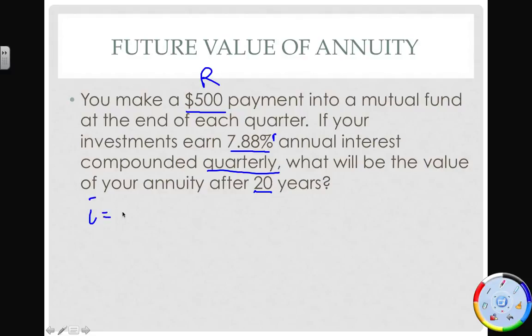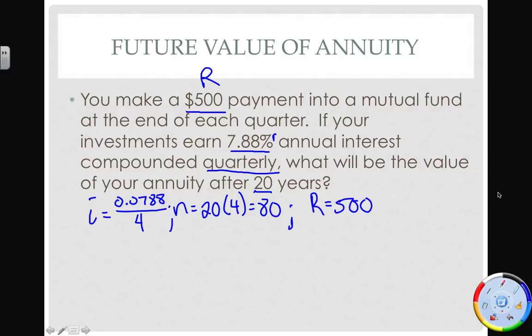So I is my rate over the number of times compounded per year, and it's quarterly, so it's 4. My n is k times t, so it's 20 years compounded 4 times per year, which is 80. My big R is what I said earlier, 500.